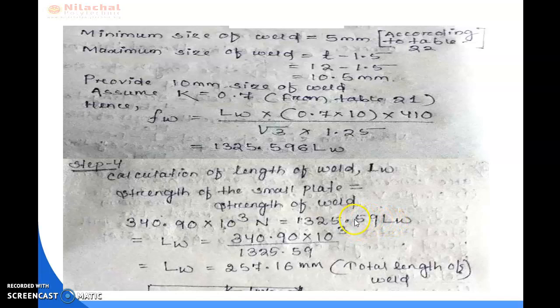From this, LW is 340.90 multiplied by 10 to the power 3 divided by 1325.59, that is 257.16 mm, which is the effective length of the weld.